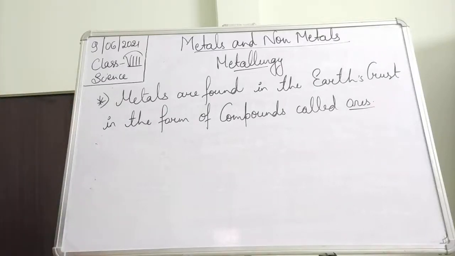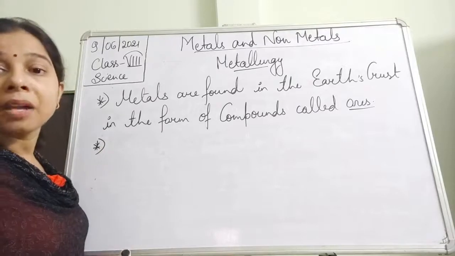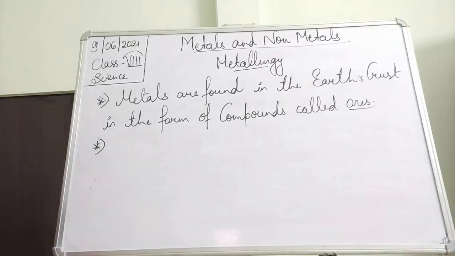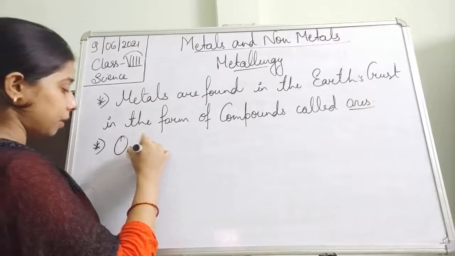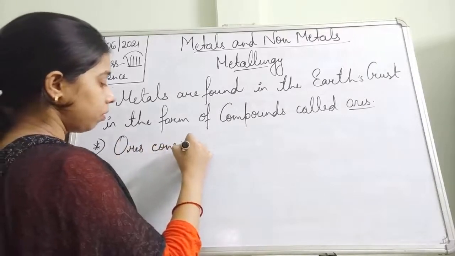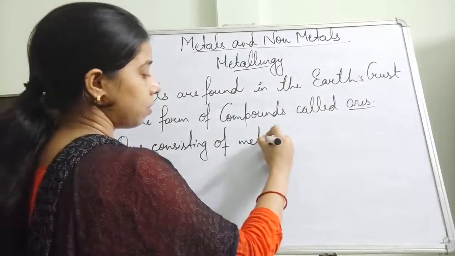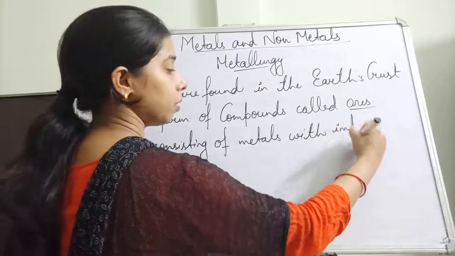Now this ore may contain different elements and we have to separate them from each other. So we can say that the ore consists of metals with impurities.